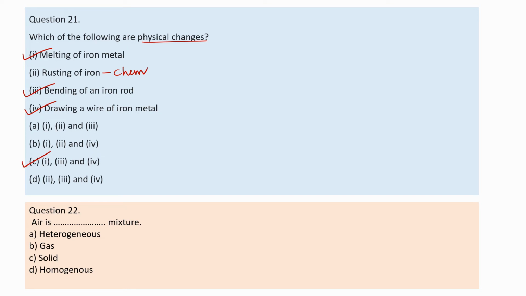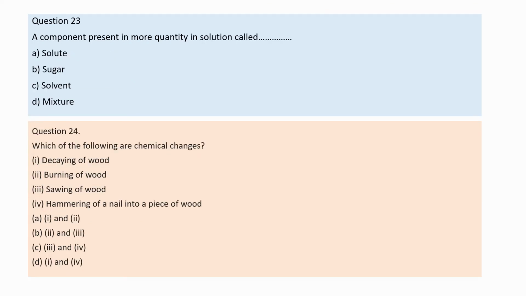Air is a mixture. Which kind of mixture? Heterogeneous, gas, solid, homogeneous. Air is a homogeneous mixture. Next question is, a component present in more quantity in solution is called.